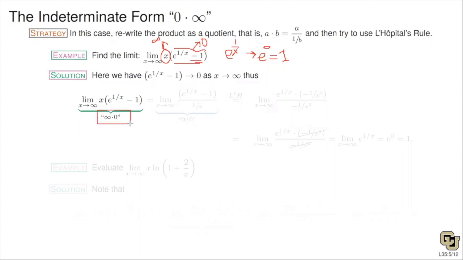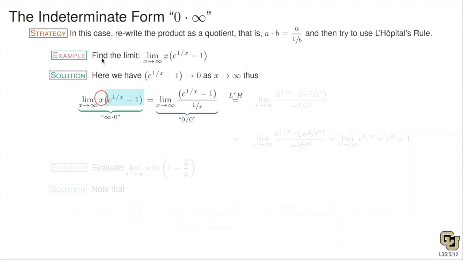And once I see in a limit infinity times 0, I go, aha, I've memorized the strategy for what to do in a limit when we get this indeterminate form. I'm going to divide one of the terms by the reciprocal of the other. So here what I'm going to do is divide e to the 1 over x minus 1 by the reciprocal of x.